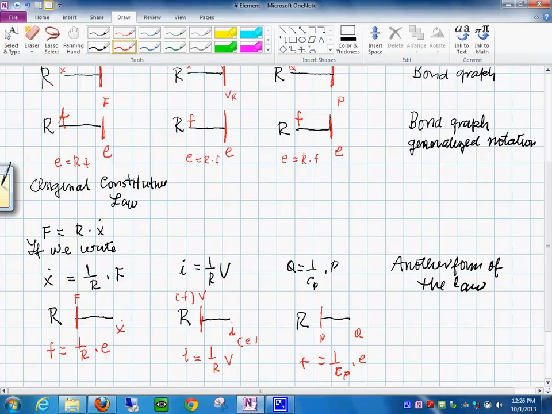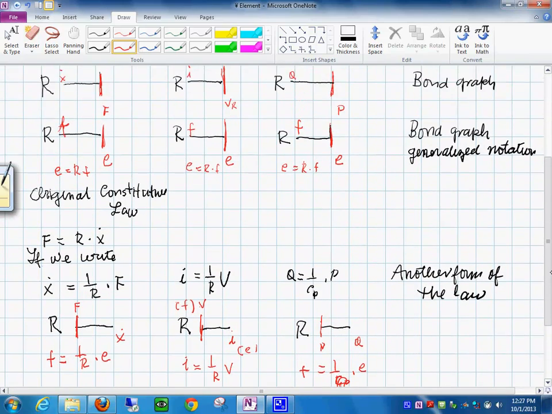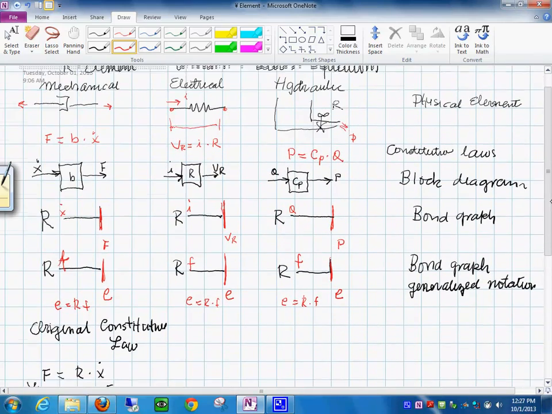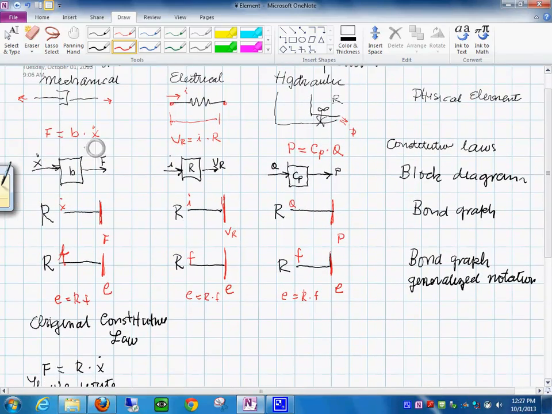So I have shown you the constitutive law for the R element in all these forms: the law itself, the block diagram, the bond graph model, and the generalized notation.